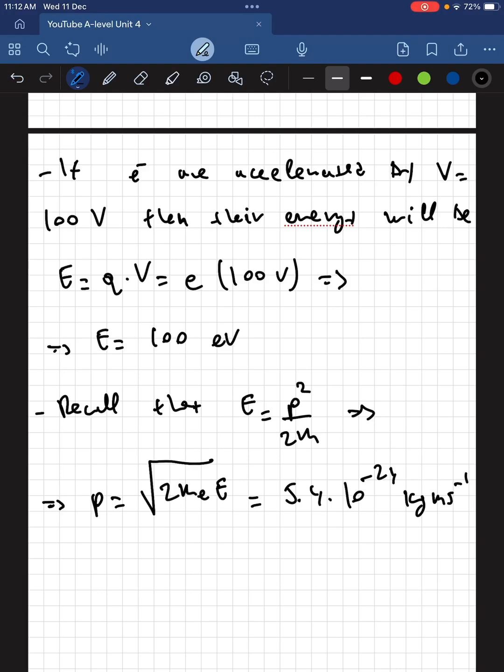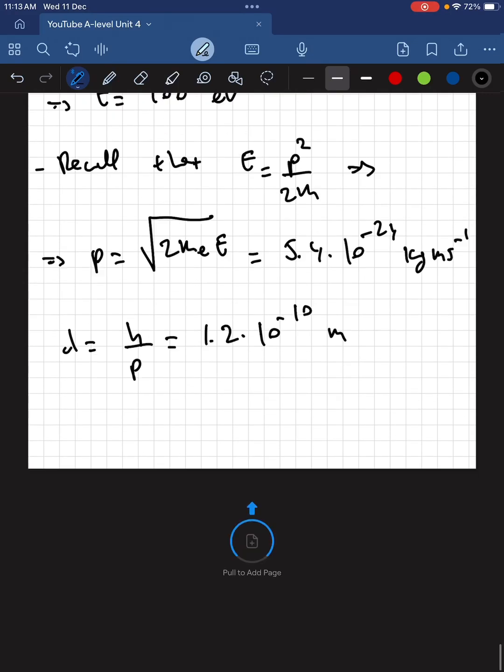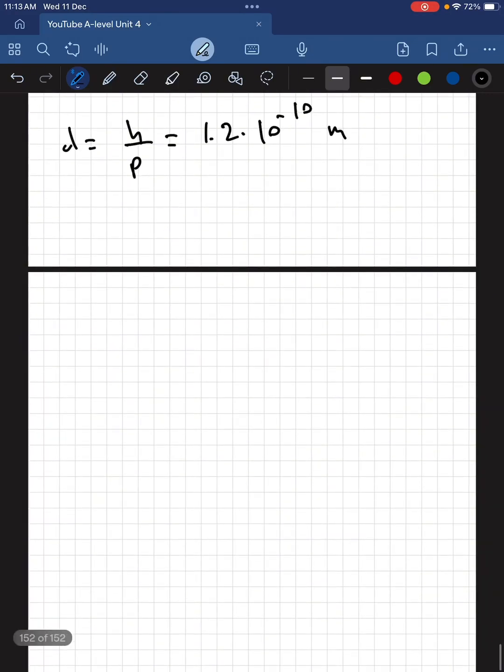So if we use Prince de Broglie's formula to find the wavelength of such electrons, we will find lambda is h over p. And if we do the calculations, we will find 1.2 times 10 to the negative 10 meters, which exactly matches the spacing between atoms in solids, okay?